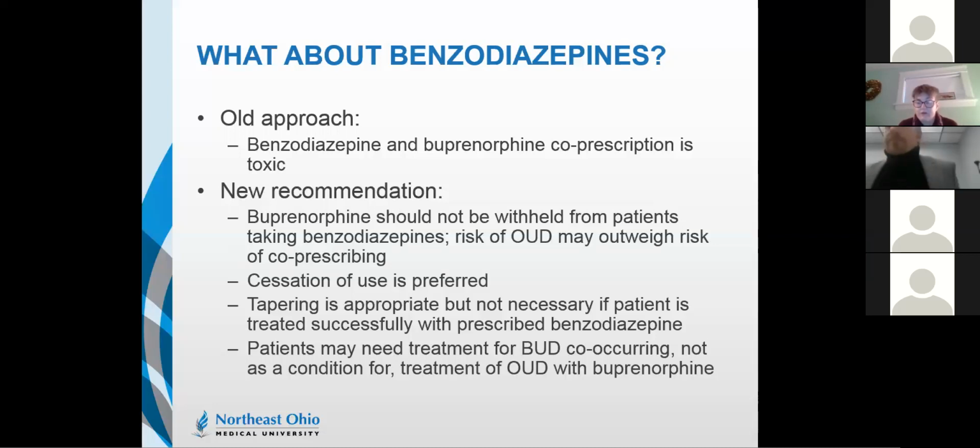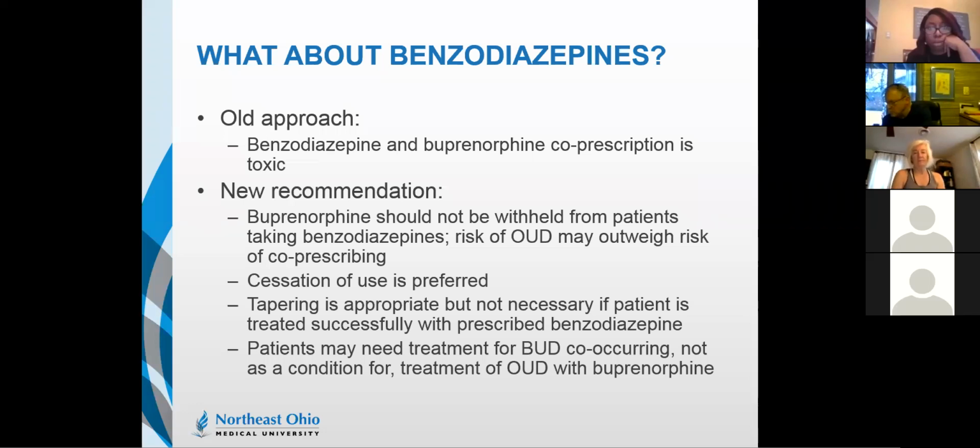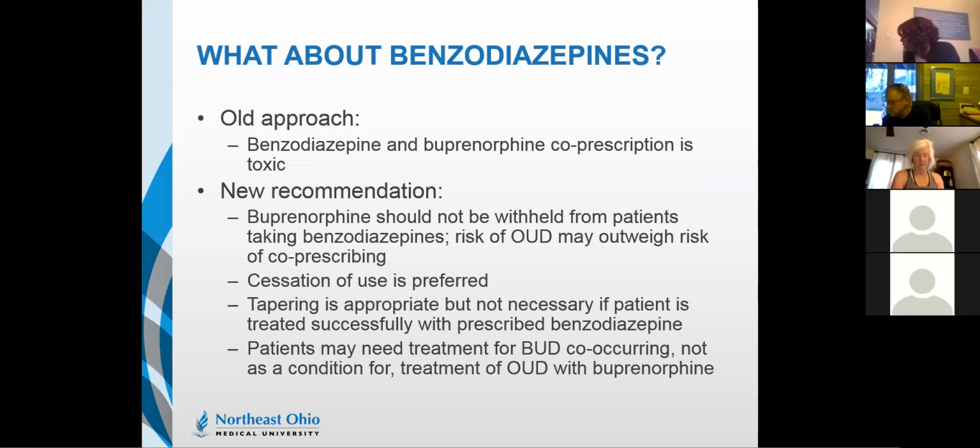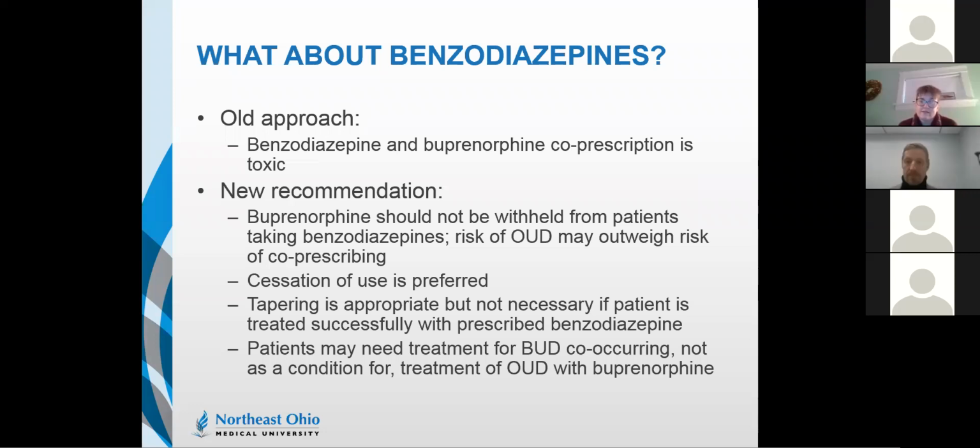Cessation of use is preferred, especially if it's an illicit benzodiazepine, not prescribed, and we don't really know what it is or what the patient is getting along with it. And tapering is appropriate, but it's not absolutely necessary if the person is being successfully treated with their prescribed benzodiazepine and we can have some contact with the prescriber.